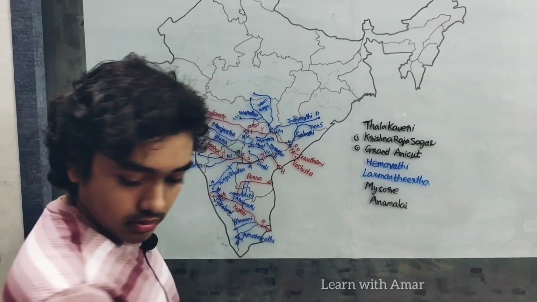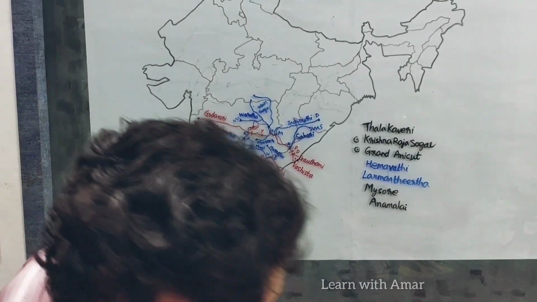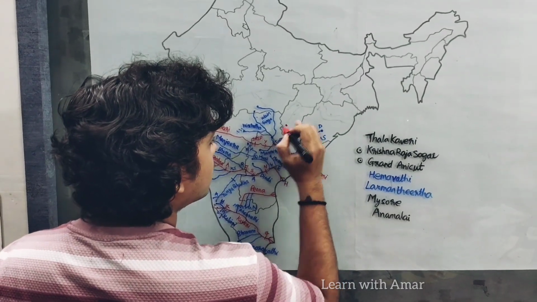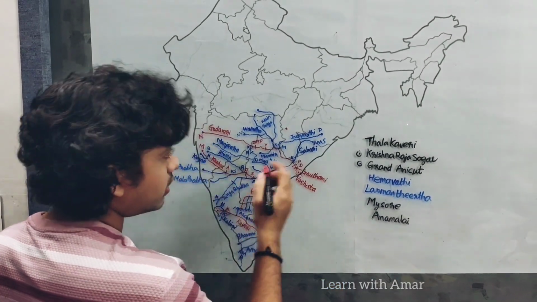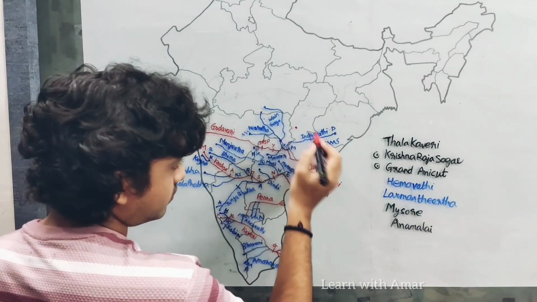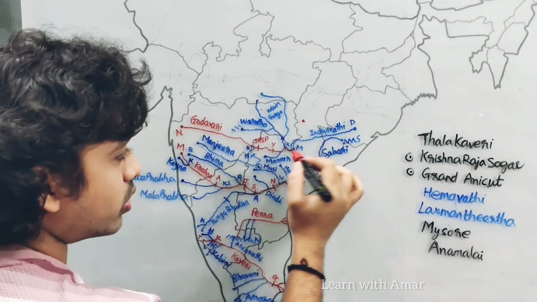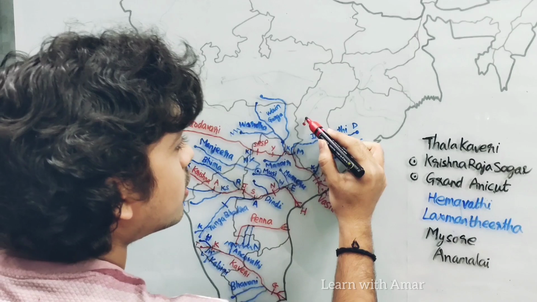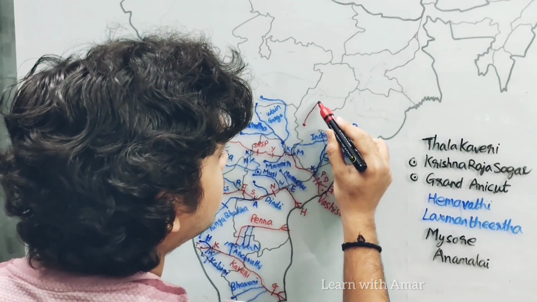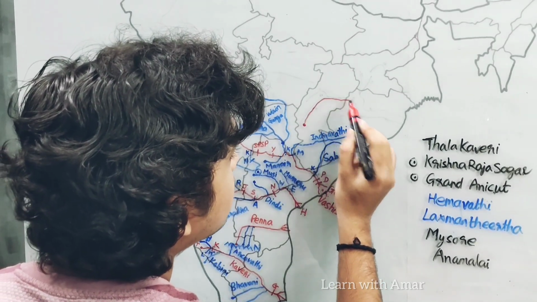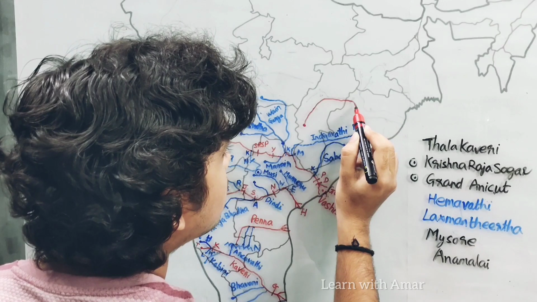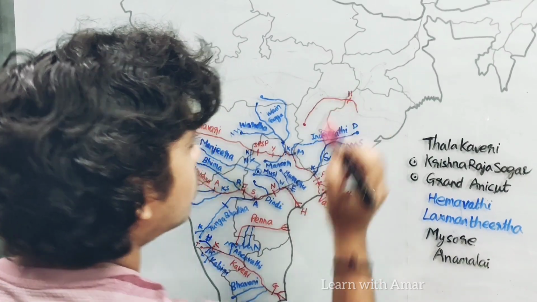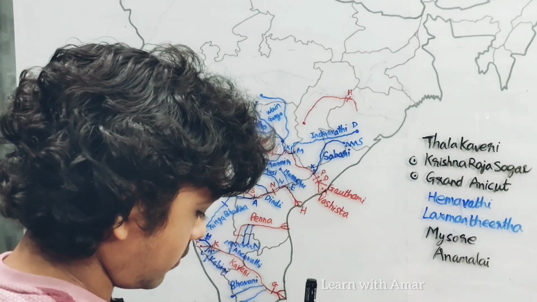Right. So as we've completed here, let's move on to here. We find the Mahanadi river here. Mahanadi originates here in Dandakaranya, which is also where Indravati, the tributary of Godavari, originates. Mahanadi flows through Chhattisgarh, and in Odisha we find the dam Hirakud on Mahanadi.